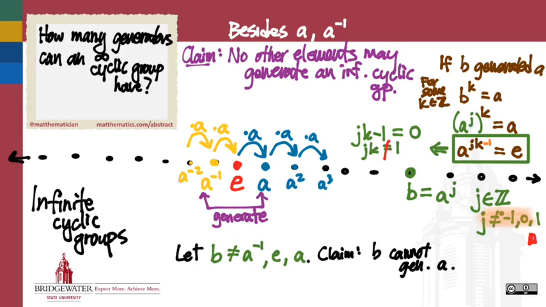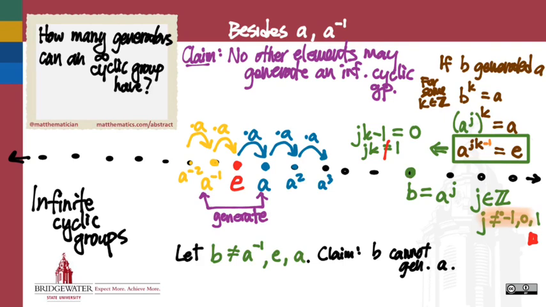I would love to write this up as an actual proof. It would be a good exercise to do. Watch this video after class and then try to write up the formal proof version of it. But this resolves Casey's question, which is, can an infinite cyclic group have more than 2 generators? The answer is no. In fact, not only can it not have more than 2, it can't have less than 2 either.